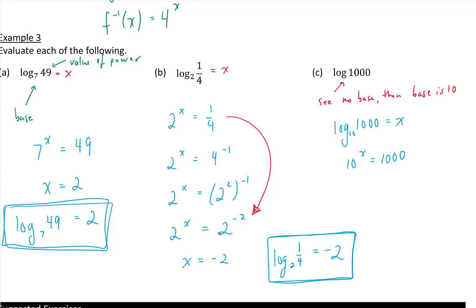You can go right to the answer, or if you like to simplify first, I know that's 10 to the exponent of x, and on the right side we get 10 to the exponent of 3, so therefore x is equal to 3, which tells me that the log of 1000 is equal to 3. And this one you can try on your calculator because you have a base 10 log button. If you type in log 1000, you should get the answer of 3.